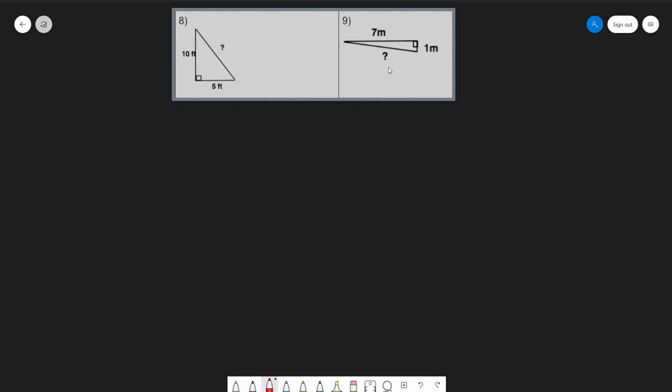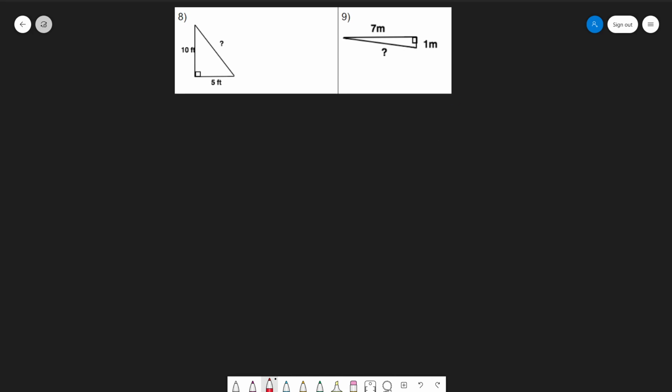And I'm going to do 8, 9, and 10, 11. So here's 8 and 9. So now they're drawn out instead of just giving you the bases and the legs. So what are we going to do here? We know we have the legs. So we got 5 squared plus 10 squared is equal to C squared.